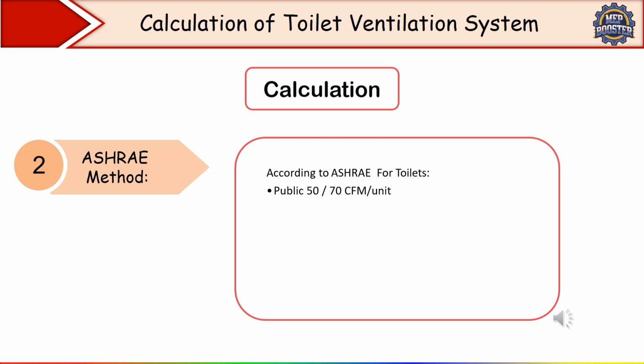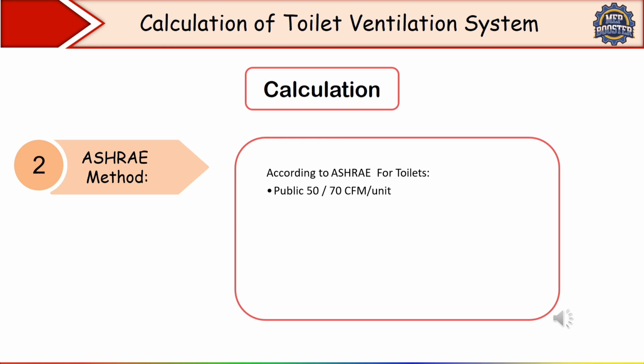When do we take 50 cfm and when do we take 70 cfm? Remember, if your fan, the inline fan which you have installed inside the duct, is running continuously, at that time you take 50 cfm, meaning from each toilet you have to exhaust 50 cfm of air.